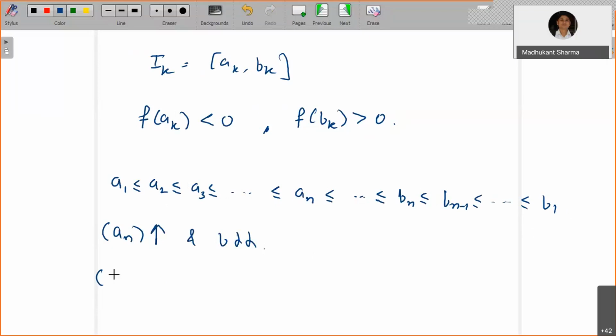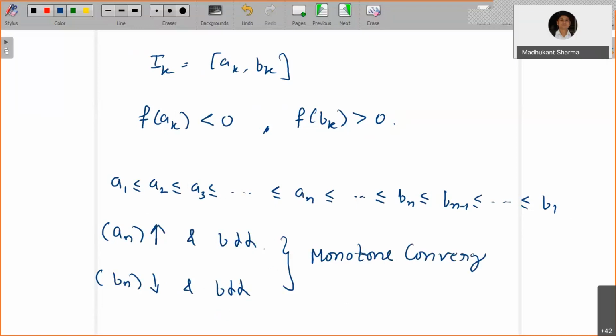Moreover, the sequence bn is monotonically decreasing and also bounded. So the monotone convergence theorem tells you that both will converge. So what we have understood from the previous lectures, the monotone convergence theorem implies that an and bn converge.